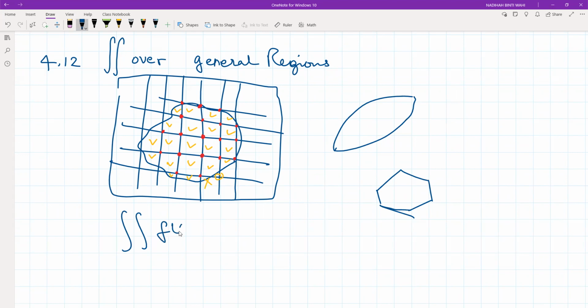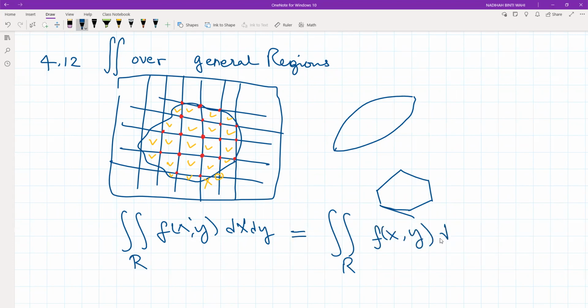This f(x,y) dx dy over region R, is it going to be the same for the same region, f(x,y) dy dx? Okay, is it going to be the same? Itu persoalan dia. Okay, so kalau ada soalan boleh tinggalkan boleh tanya soalan. Kita berhenti setakat itu saja.